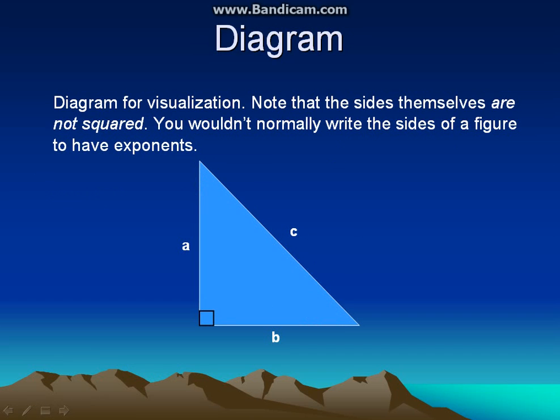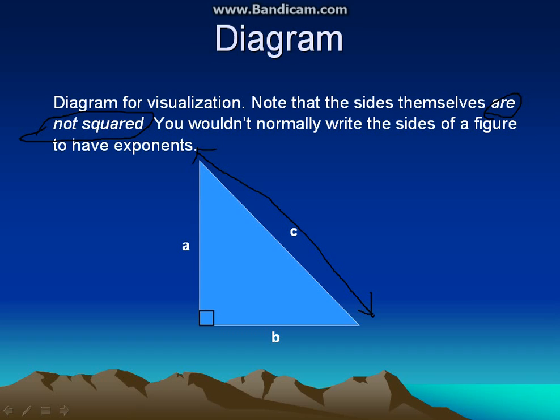Diagram for visualization. As I said in the previous slide, note that the sides themselves are not squared. You wouldn't normally write the sides of a figure to have exponents. That doesn't make any sense. So here you see the hypotenuse is opposite the right angle.